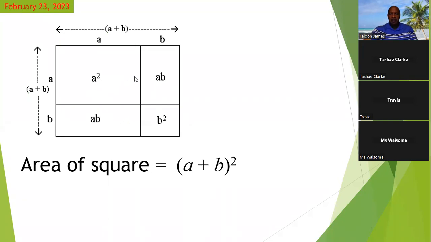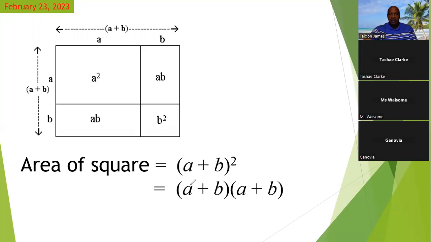So if you add up the area of all of the individual parts, it would be the same as the area when you multiply A plus B times A plus B, all right? So geometrically, what we're doing can be portrayed with this diagram, but if we are to do it without the diagram in a more abstract way, then we would expand the binomial using the technique that we are familiar with.